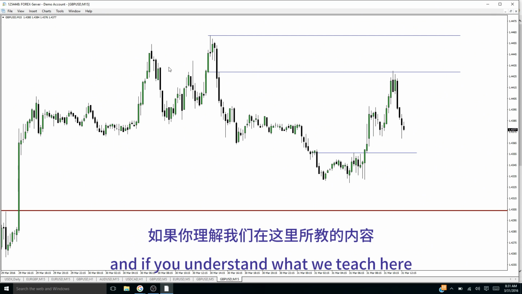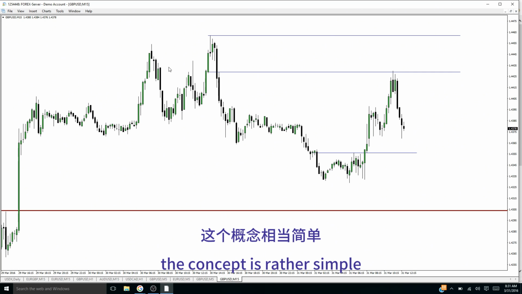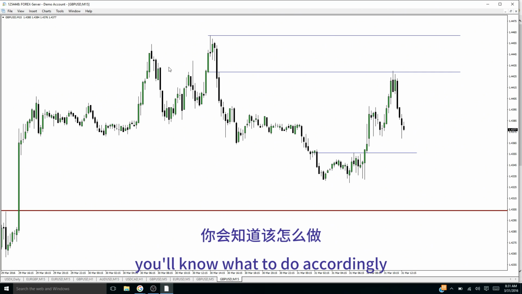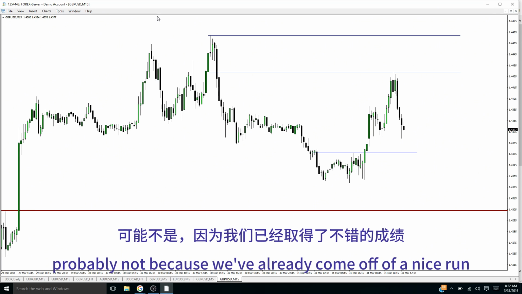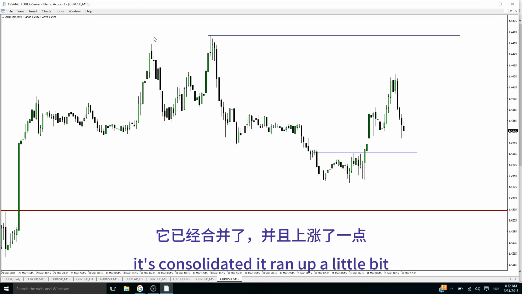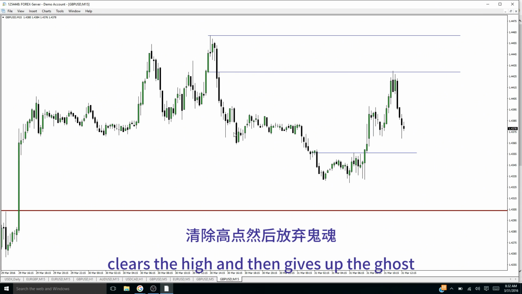And if you understand what we teach here, the concept is rather simple. And once it gets to those levels, you'll know what to do accordingly. When it gets to this level here, do we expect it to continuously run straight on up north? Probably not, because we've already come off of a nice run. It's consolidated. It ran up a little bit, came back down. New York open, continuation, clears the high, and then gives up the ghost.